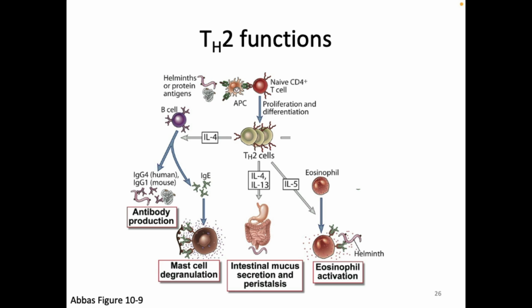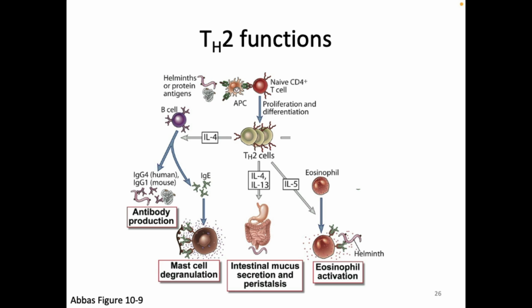But a big thing when I think about Th2 cells is I think about things like mast cell degranulation. So we're going to activate mast cells pretty massively with our Th2 cytokines. We're also going to induce a lot of mucus secretion, and this says peristalsis because it's talking about the GI tract, but to be honest, it's really mucus secretion and expelling stuff. If I was in the respiratory tract, it would be like sneezing.